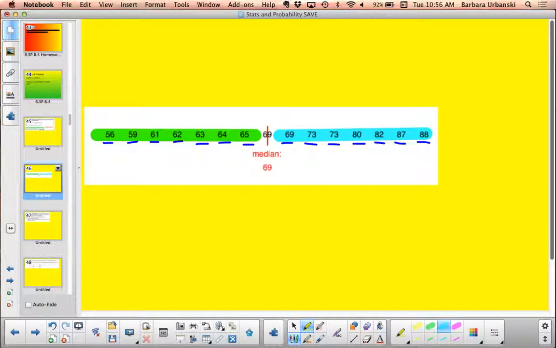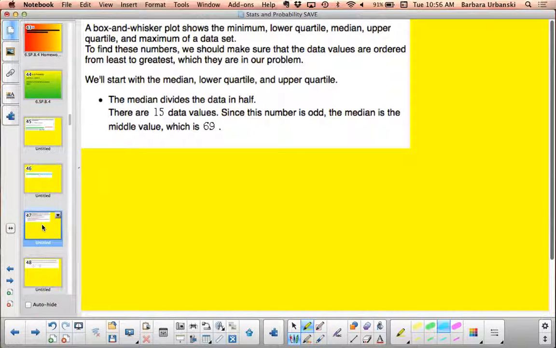So now we're going to find the middle number for the lower half, and then we will find the middle number for our upper half. As we do this, we can go ahead and name what we have. The box and whisker plot is going to show the minimum, lower quartile, median, upper quartile, and maximum.